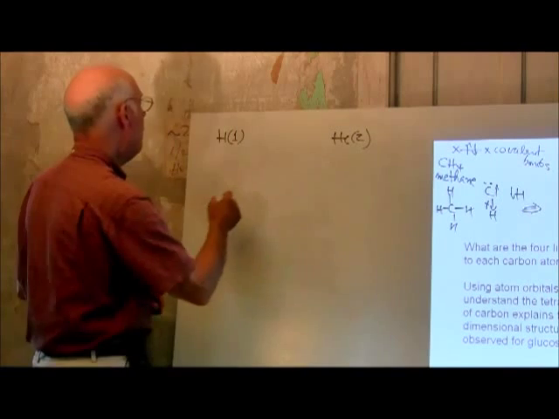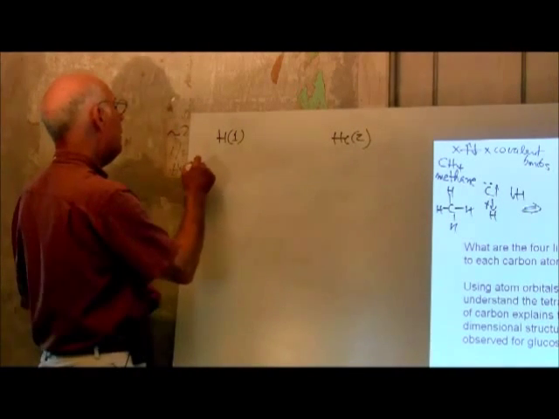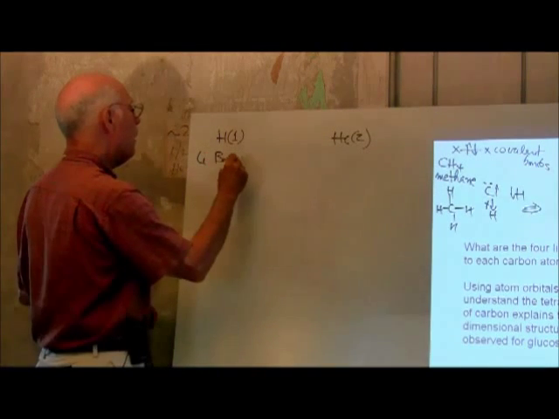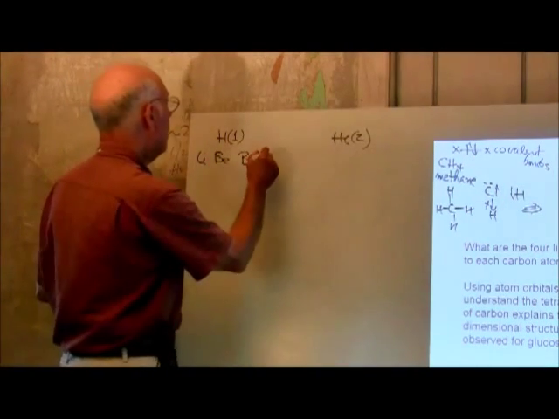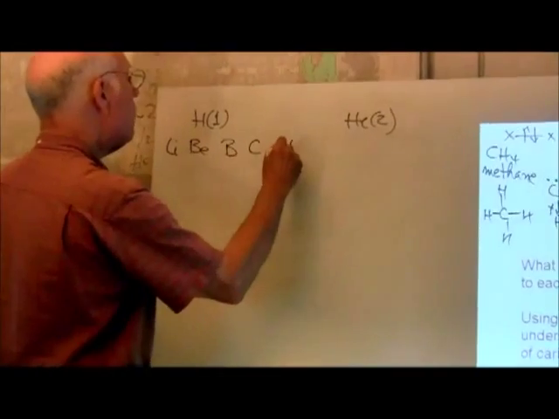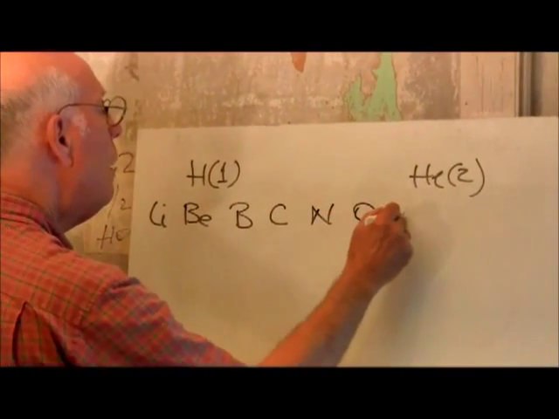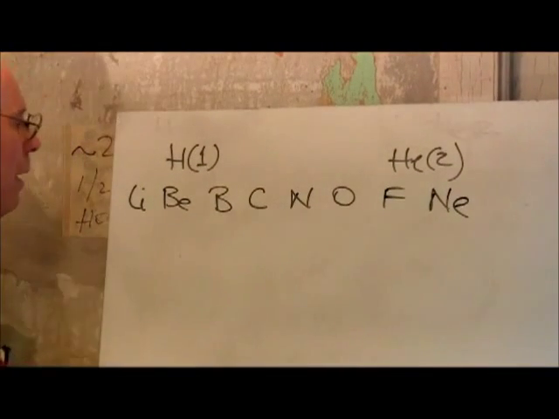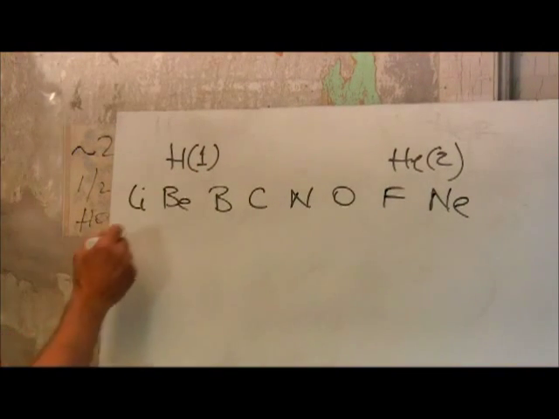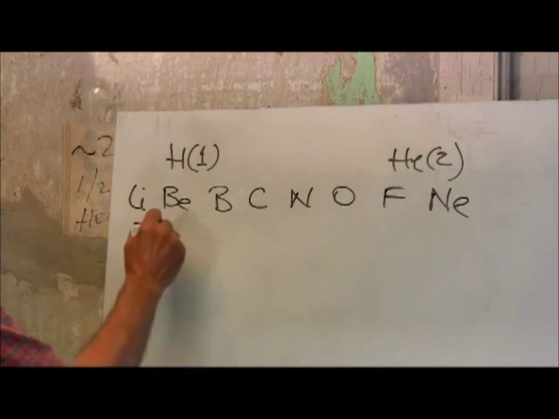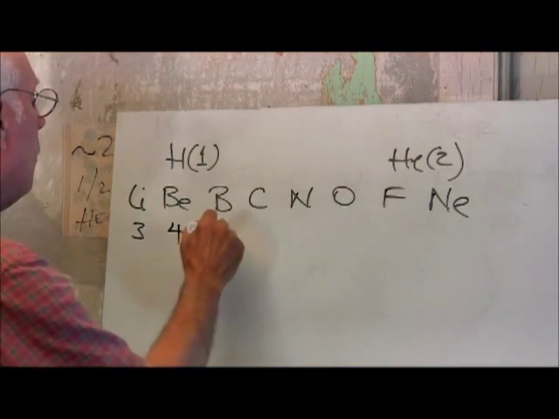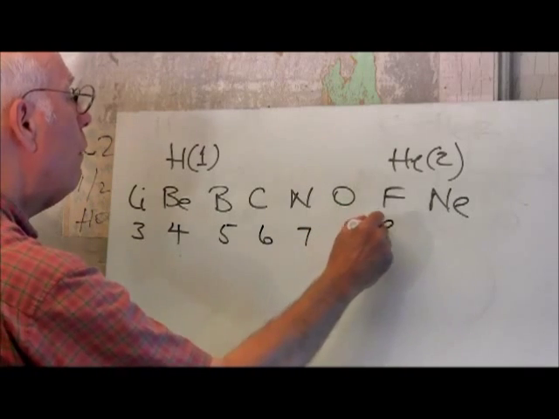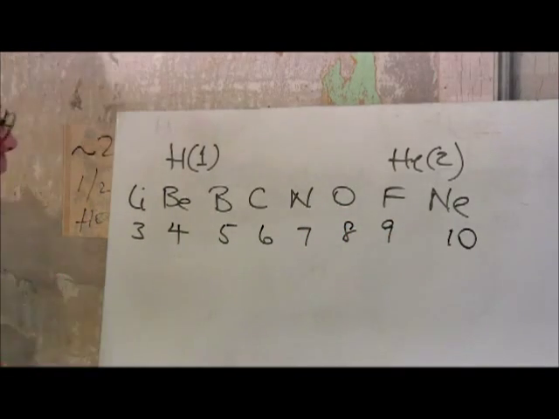And now in the second row of the periodic table, we have lithium, beryllium, boron, carbon, nitrogen, oxygen, fluorine, and neon. I hope I didn't leave anything out. Atomic number of lithium is 3, beryllium is 4, boron is 5, carbon is 6, nitrogen is 7, oxygen is 8, fluorine is 9, and neon is 10.